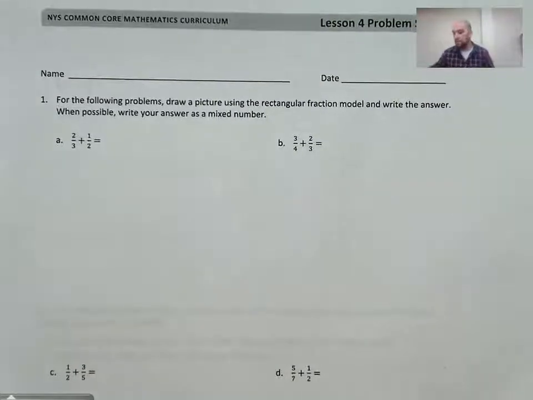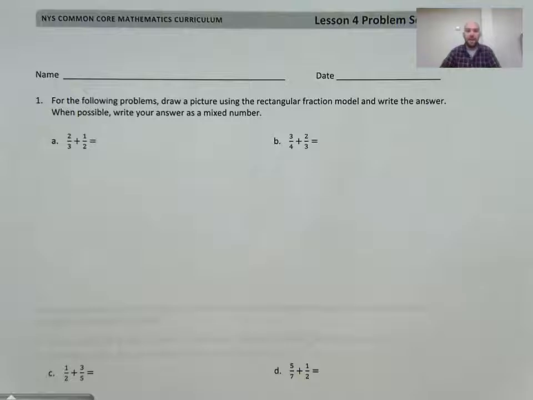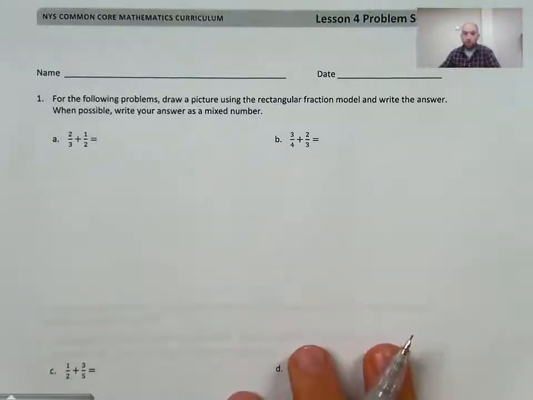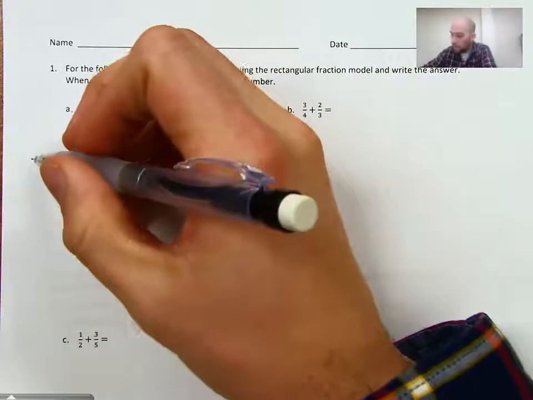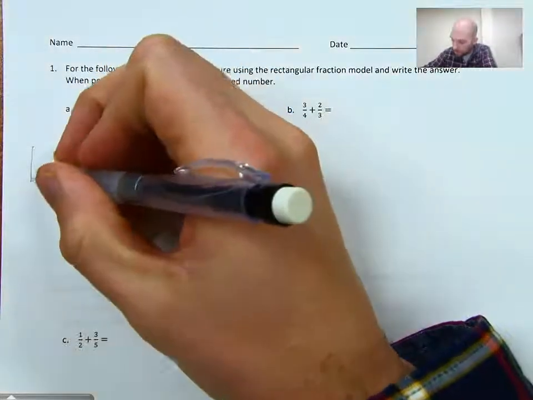We're going to continue to use the rectangular fraction model that we used in lesson 3. And if you look at letter A here, we have 2/3 plus 1/2. So we know, because of what we were just talking about, that's going to have a sum that is greater than 1. We'll do our rectangles here.